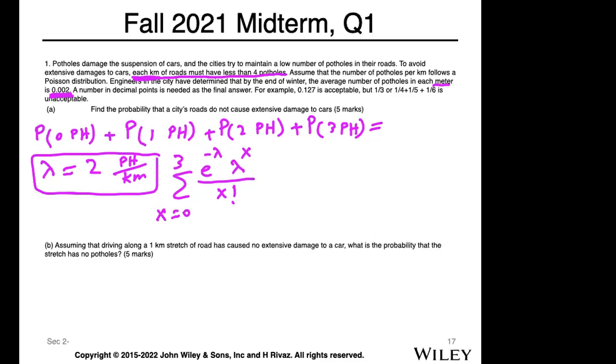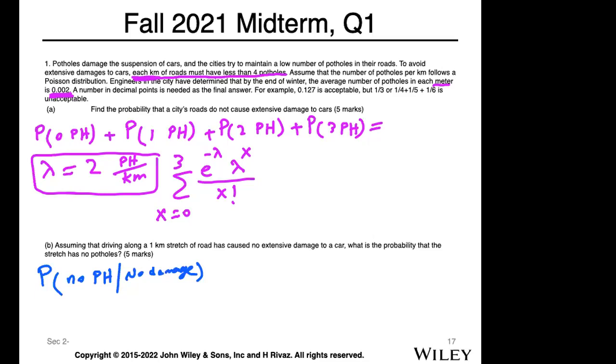So this is obviously a conditional probability. The question is saying, what's the probability that the stretch has no potholes, given that it has caused no damage. So this is what the question wants.